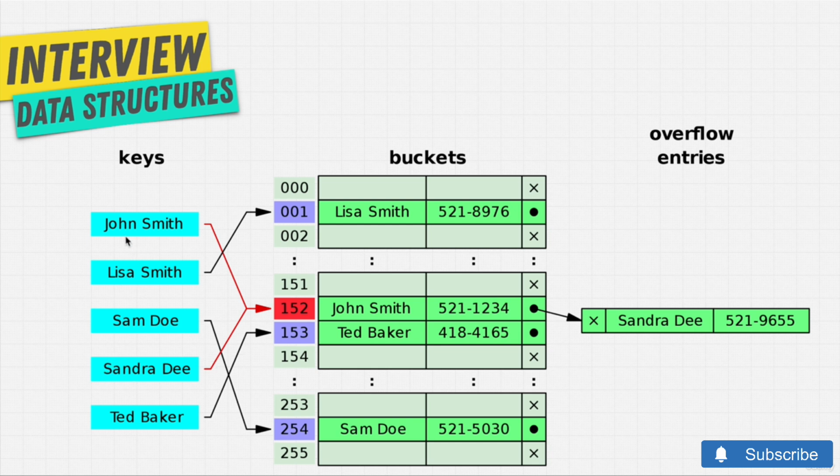Oh no, as soon as we hash Sandra D, it becomes the same address space as John Smith, and we have a collision. And because of this collision, we need a way to store both users somehow in this address space.